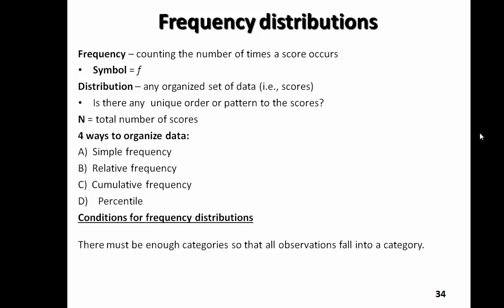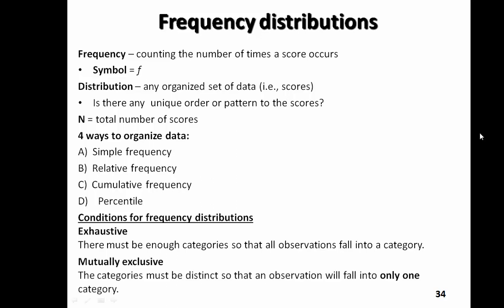Conditions for frequency distributions must exist. The set of data must be exhaustive. What that means is that there have to be enough categories so that all the observations can fall into place in order to generate a frequency distribution. Mutual exclusivity must also exist.